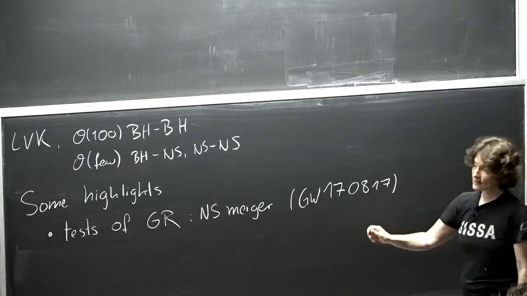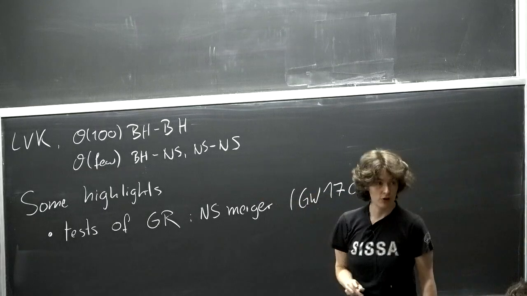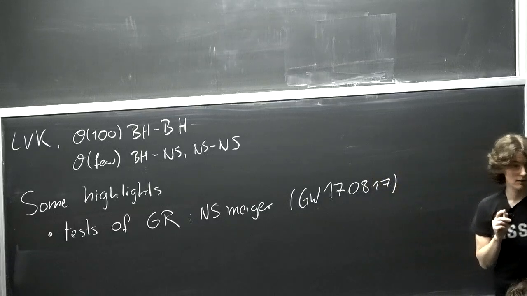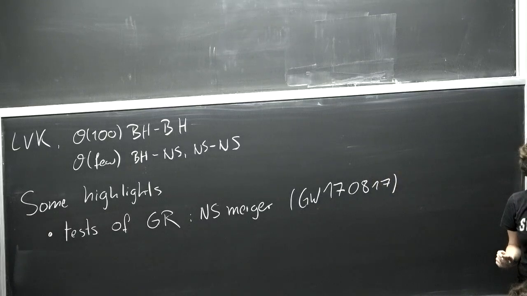The masses that they inferred were compatible with neutron star masses, right? So it was fairly light masses. And so they put out an alert for optical telescopes, basically immediately, right? Fast pipeline, saying we saw something. It might be neutron stars. And it's here. Please look.